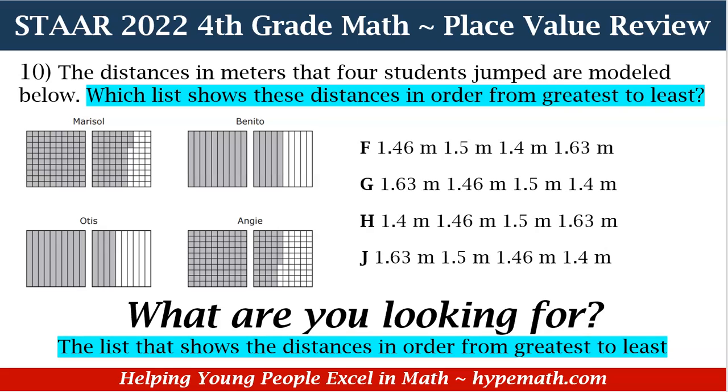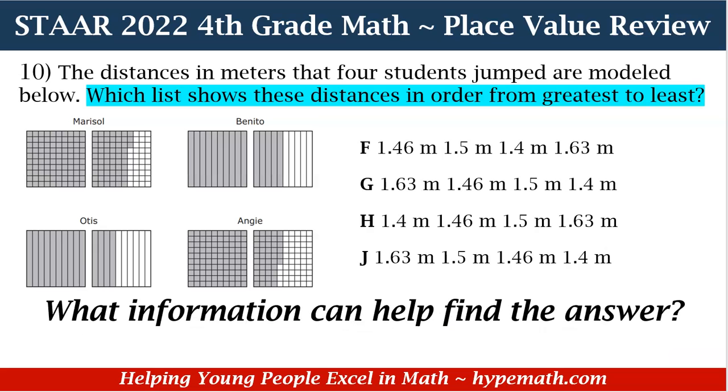The second most important question is, what information can help us find the answer? Sometimes in problems, there'll be a lot of information that we don't need. So we want to focus on the information that is important to us and helps us find the correct answer.